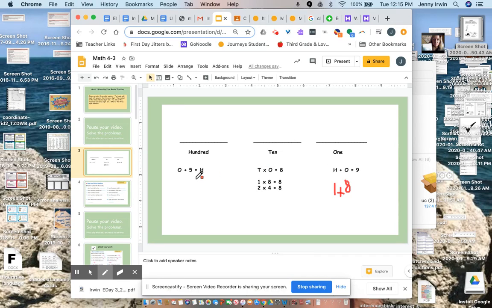If I come over to this equation and I make this 8, 8 plus 5 does not equal 1. So that trial did not work. Okay, so I'm going to erase it and try something else. This is called guess and check.